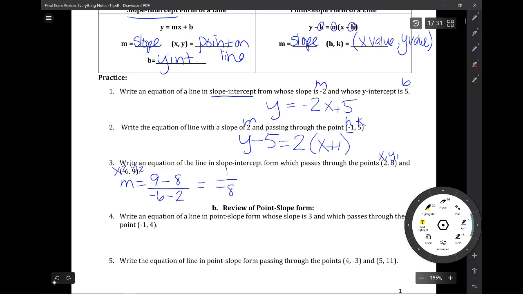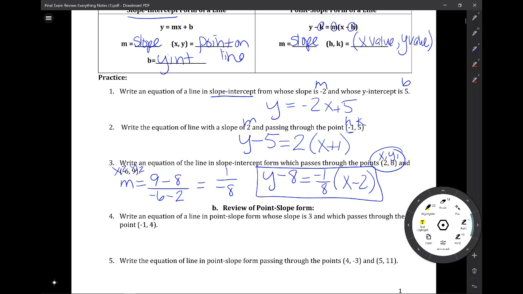All right, so we get a -1/8. And then to put it in, I know it says slope-intercept form, I'm going to ignore that direction, and I'm going to use my point-slope because that's the one that makes the most sense to me right now. So y minus k equals m(x minus h). And you honestly could have picked either one of the two points that they gave you, and you could use point-slope form.